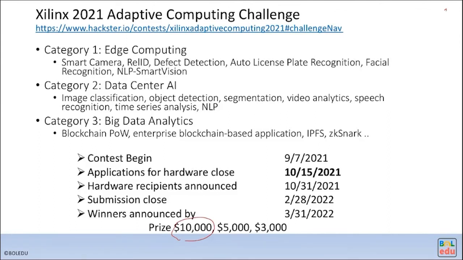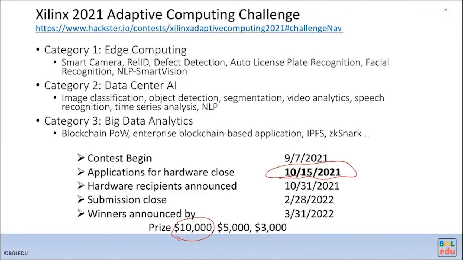Okay, look at the schedule. I believe it's very likely you can attend this competition. You have 2-3 weeks to turn in the application.